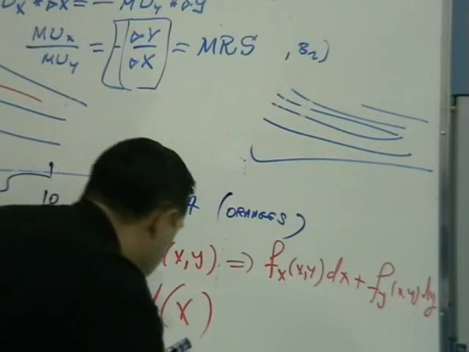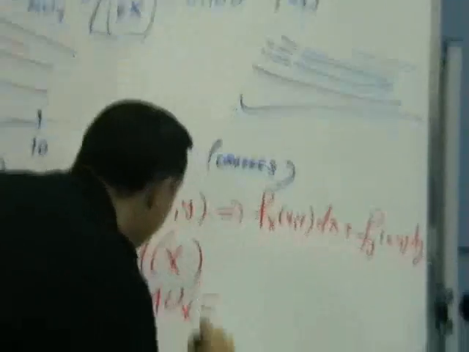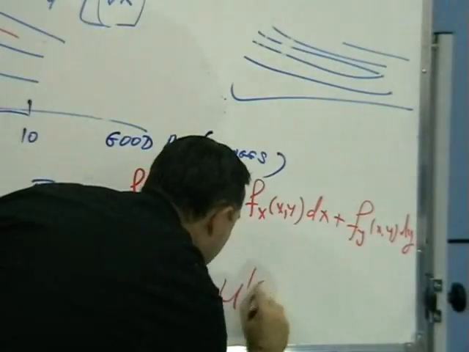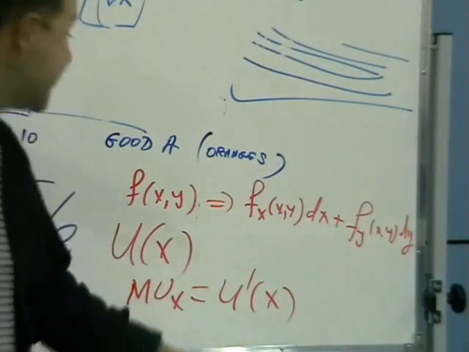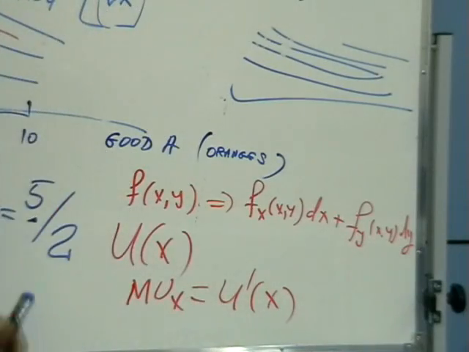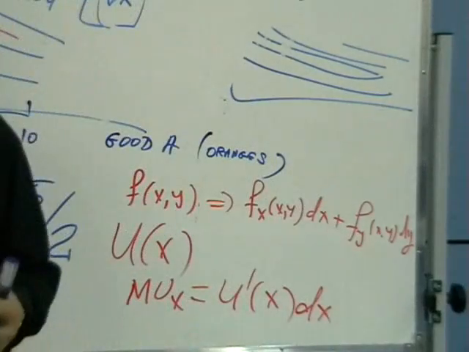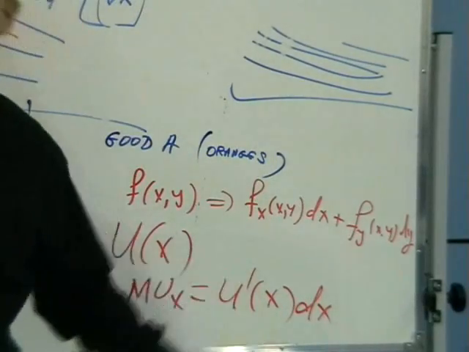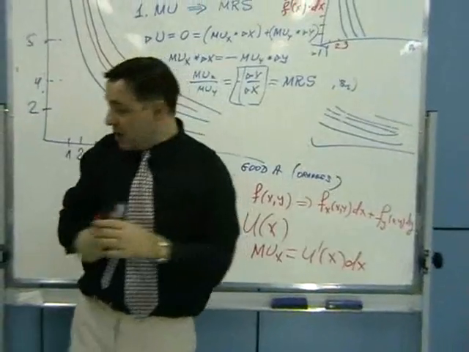So marginal utility of x is equal to u prime of x. It's simply the first derivative. So marginal simply means derivative, means first derivative. Okay, so it's u prime of x, and you can add dx if you like. dx in this particular case is optional. Is that good enough? A few more minutes.